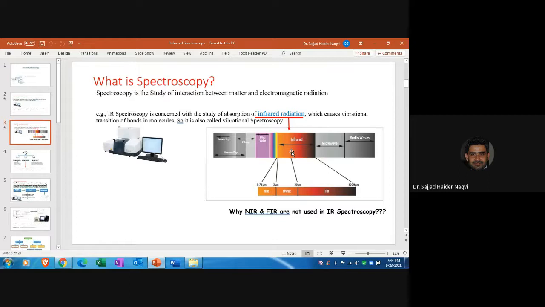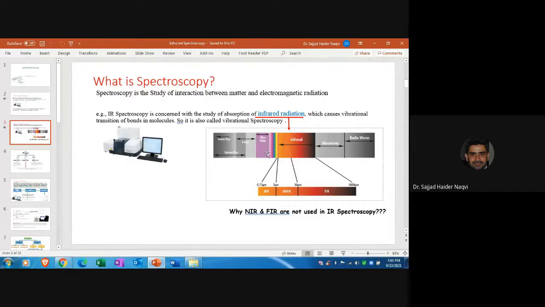This is the whole electromagnetic spectrum, where you have cosmic rays and ultraviolet, which we have already studied, then the visible portion that we have already studied, and beyond infrared we have microwaves and radio waves. What we are interested in is the infrared region.